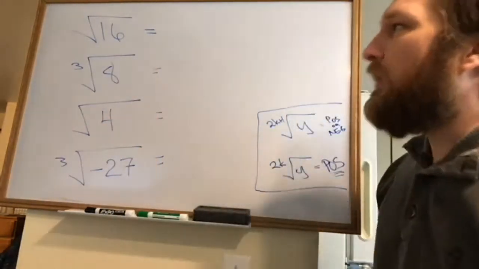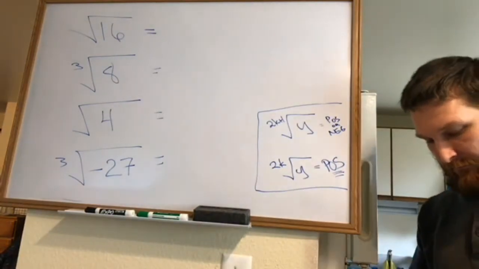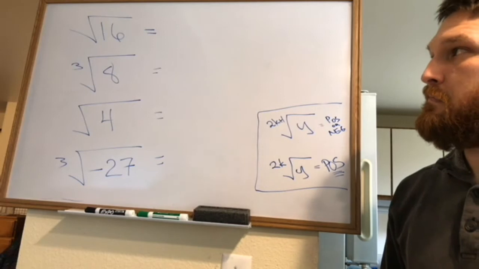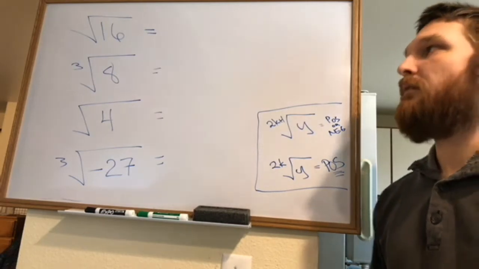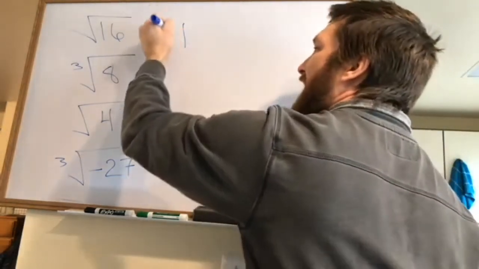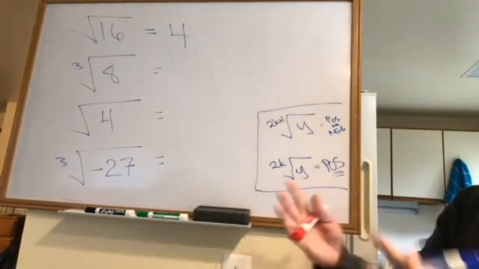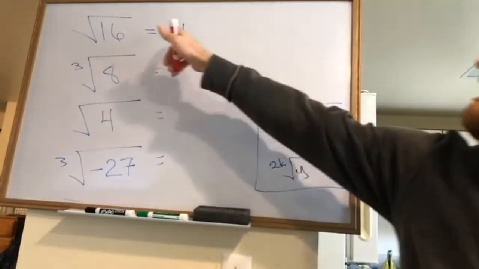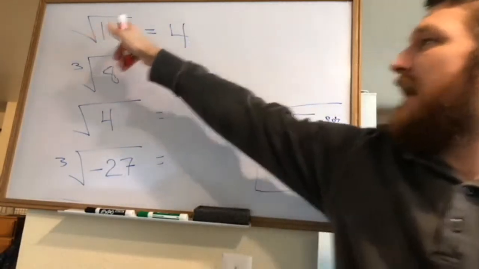What is the square root of 16? 4. Why? Because 4 times 4, something times itself, is equal to 16.